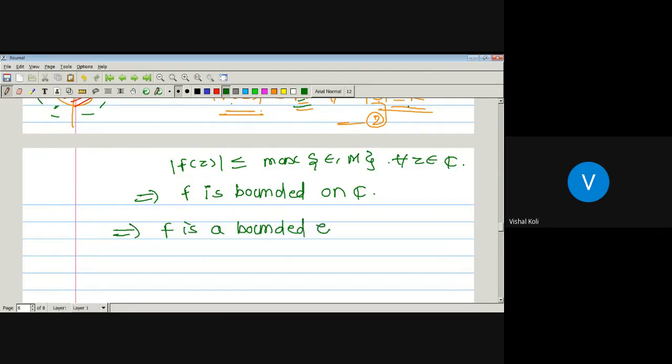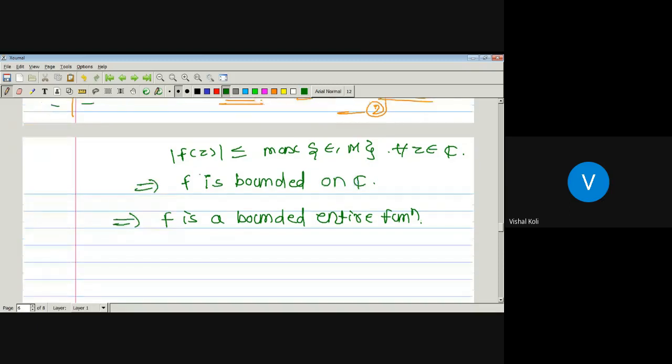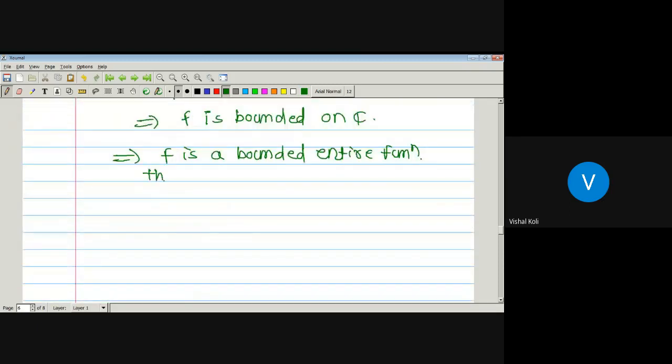If f is a bounded entire function, then what is the nature of f? Constant function. Then by Liouville's theorem, f must be a constant function.